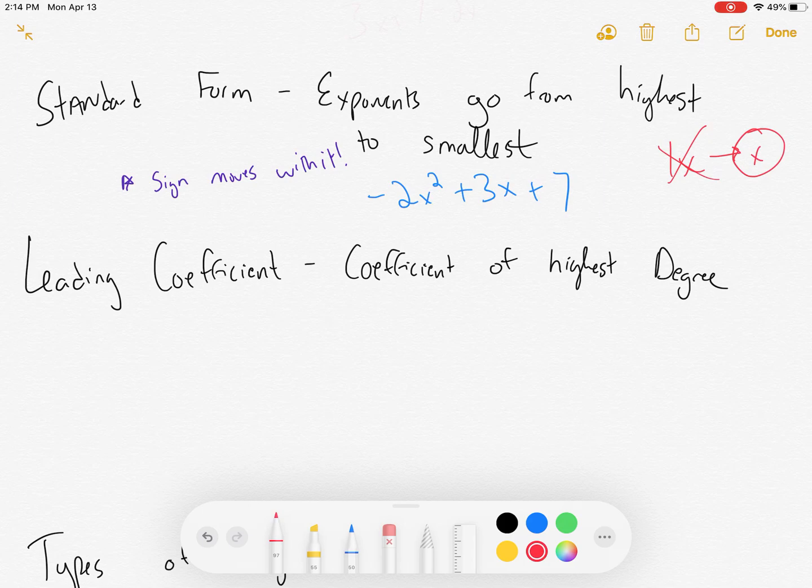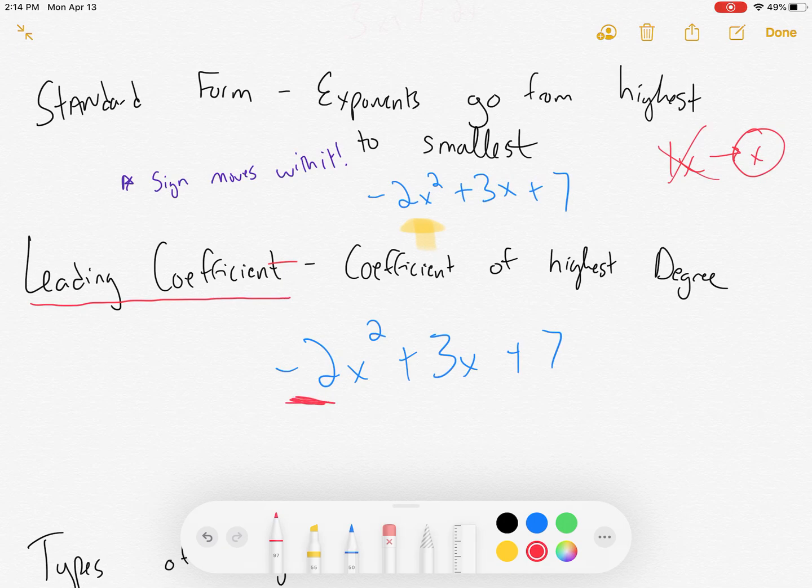Okay, the leading coefficient is the coefficient on the highest degree. So, for example, here I have this in standard form. Why is standard form important? Because once I have negative 2x squared plus 3x plus 7, my leading coefficient is just this number out front.